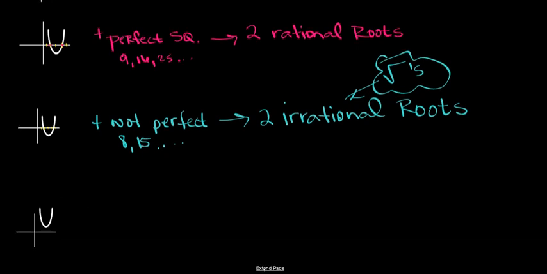The last situation comes from having a parabola that's floating way too high on your axes, which means it doesn't actually have any x-intercepts. We end up calling those basically non-real solutions.